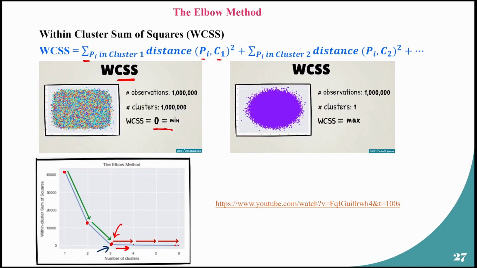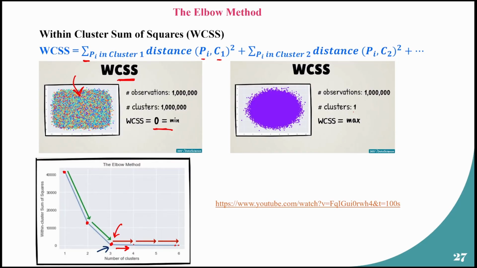But in this particular case, you cannot infer anything, even though you are getting the lowest possible WCSS value of 0, from this particular set of clustering, because you have a total of thousands of clusters, right? A huge number of clusters is there. You cannot infer anything significant.